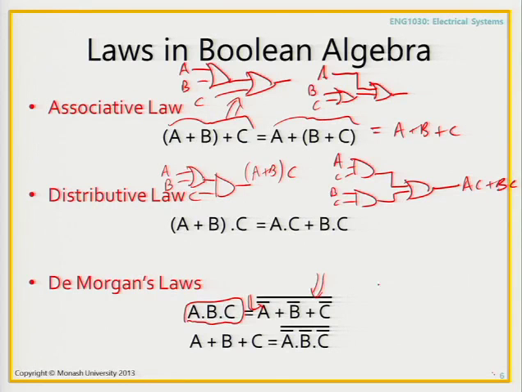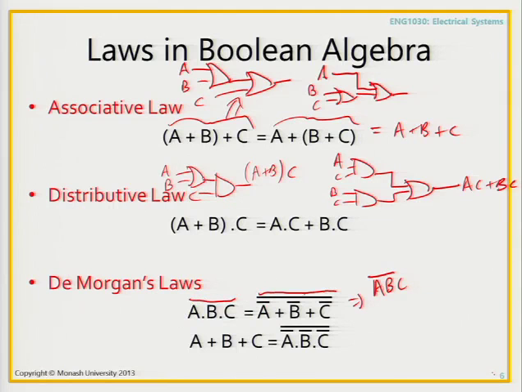So this can also be written as if I take A, B, C and I invert it. So I'm taking A, B, C and I say, okay, we'll put an inverter on the outside. So what that does is essentially say we do this and we do this.